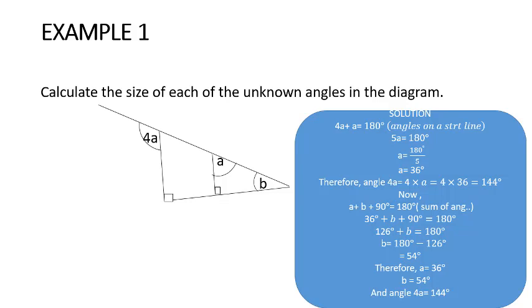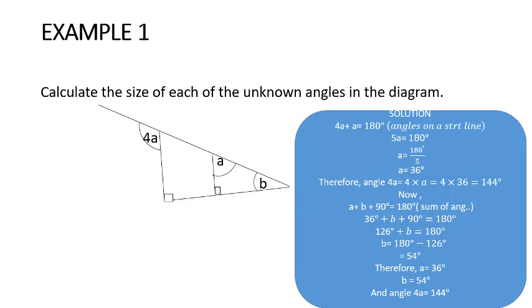Now, let us find the angle B. How are we going to find angle B? Remember, A is equal to 36 degrees. So A plus B plus 90 degrees is equal to 180 degrees, because of the sum of angles in a triangle. So now we are focusing on the angles in this particular triangle.